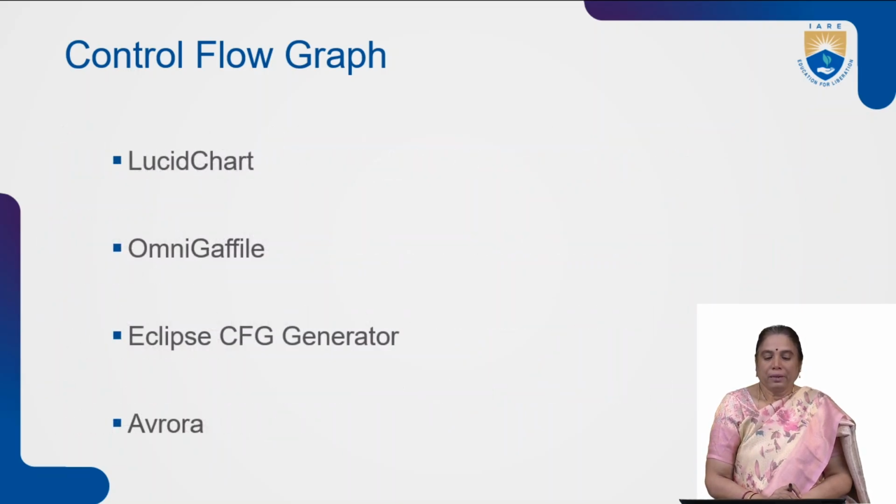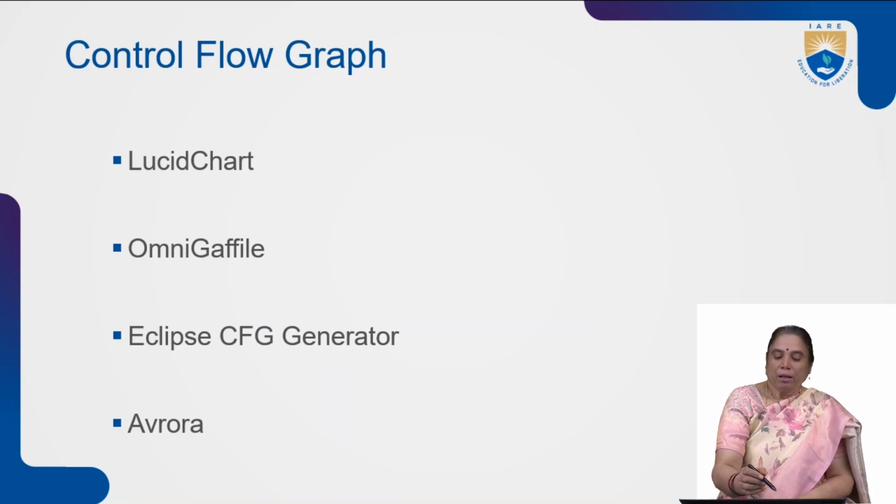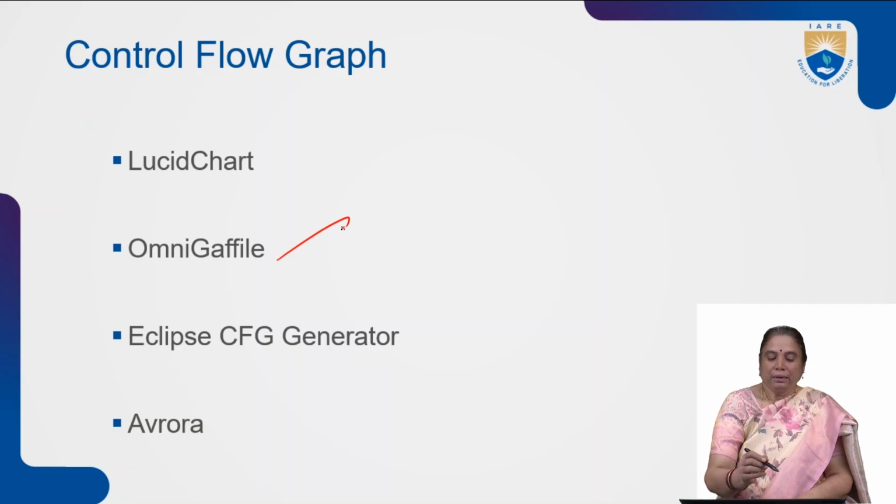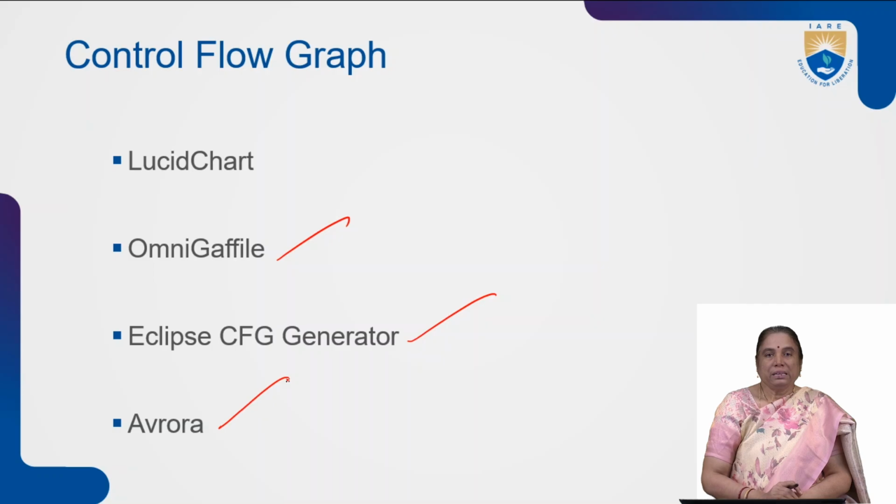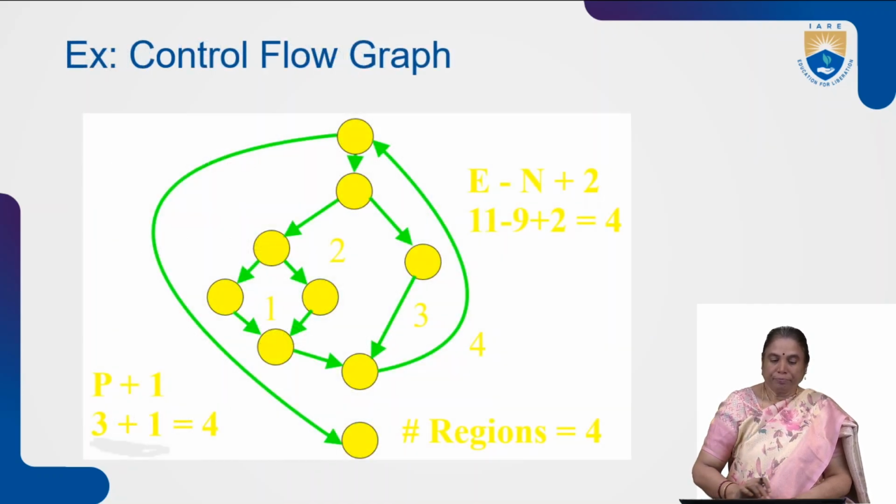Control flow graphs are easily drawn with the help of software tools: Lucidchart, OmniGraffle, Eclipse CFG Generator, Aurora. So these tools are used to draw the control graphs.